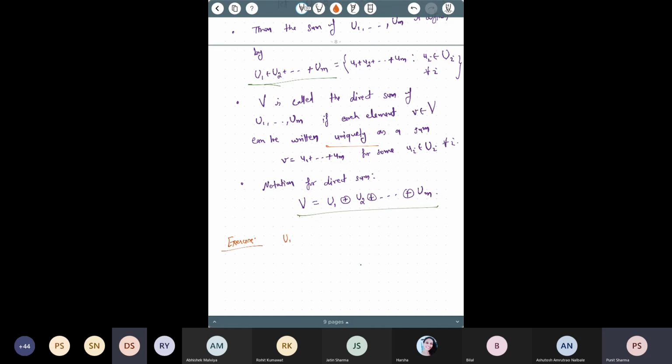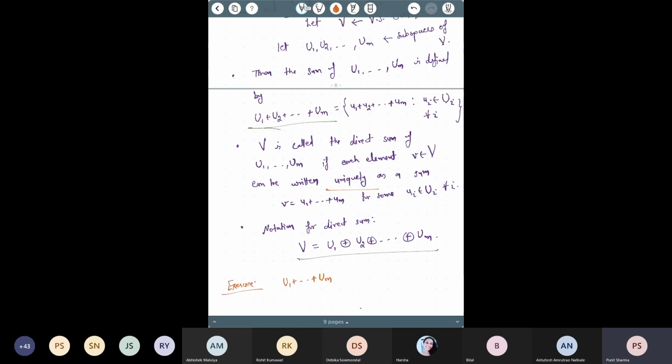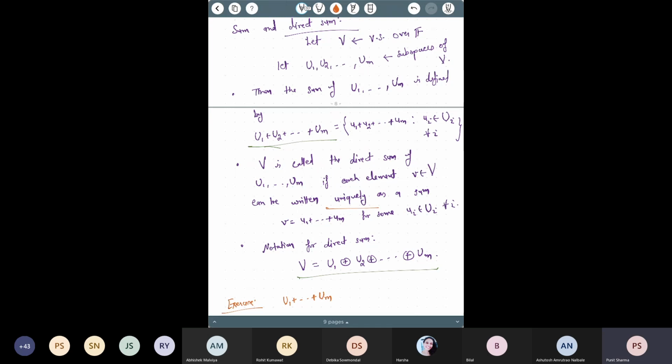Sir, please explain the unique sum. No, so here I'm just saying this is the definition. Whenever I say something about the direct sum, then I will talk about this uniqueness. In the sum, I'll give one example where you will be convinced that these two things are different.